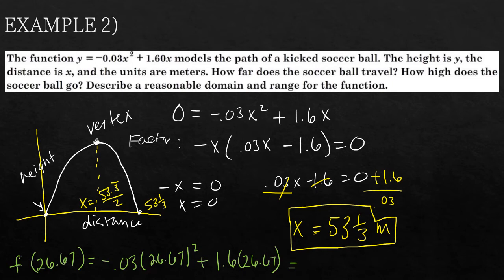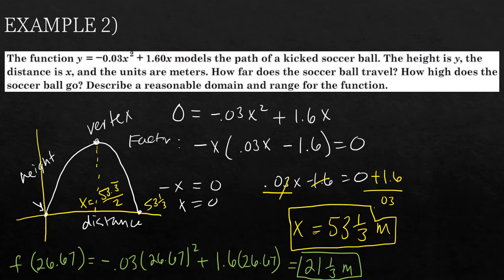Again, remember, following your order of operations, I'm going to square, multiply, then add. And so once I've done all of that, I end up with 21 1/3 meters. So how high did the ball go? 21 1/3 meters. That is how high the ball went in the air.